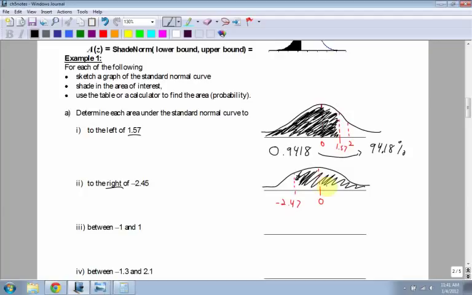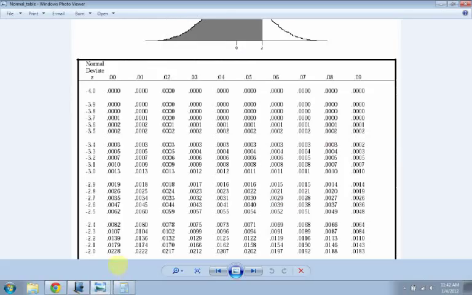You have to know for this one that the total area underneath the entire curve is the total probability, which is 1. We have to subtract off the area that's over here, which was 0.0068.